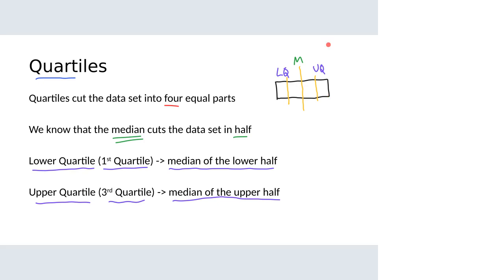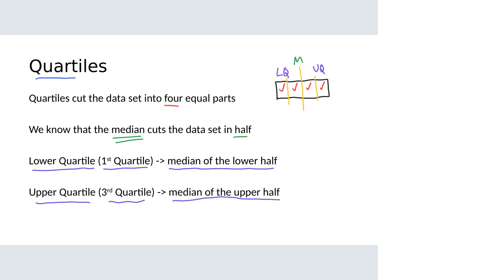And when I say equal parts, it means the number of data points, well, we already know the median cuts it in half. It means the number of data points back here is the same as the number of data points over there. And then when we do this with quartiles, now we have 4 pieces, and each one of those pieces contains the same number of data points.